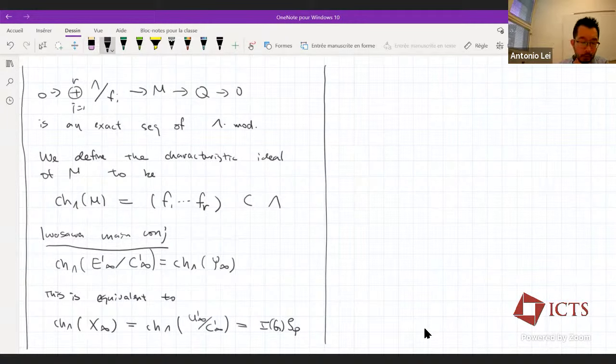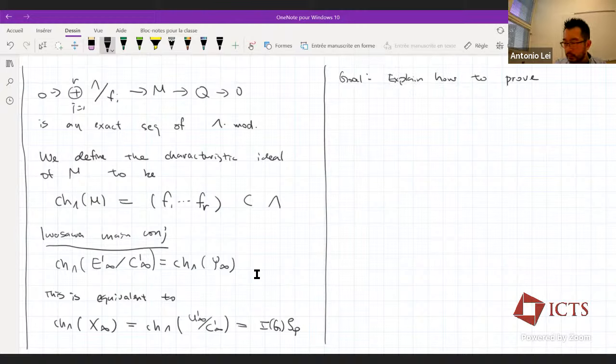Right. So what I want to explain to you now is how we can prove this main conjecture. Again, I'm not giving you all the details because I won't have enough time, but I want to give you the main ideas behind the proof. So in fact, I will only prove, so the goal is to explain how to prove this divisibility.